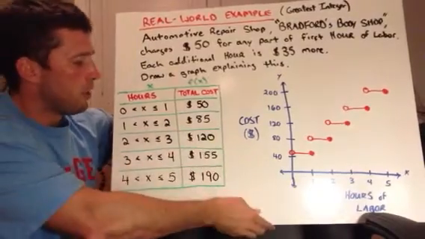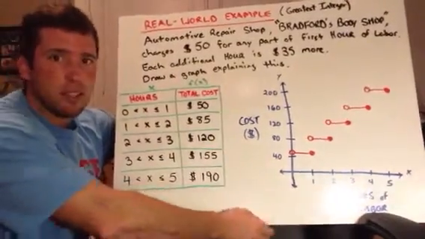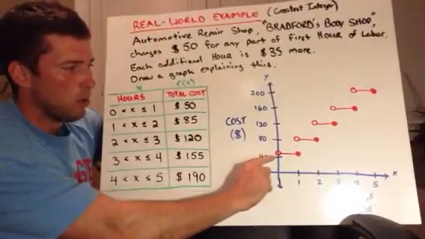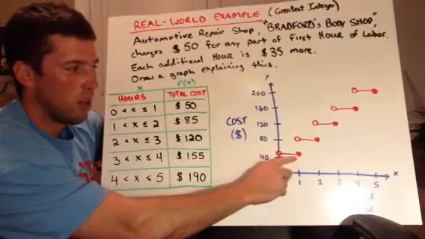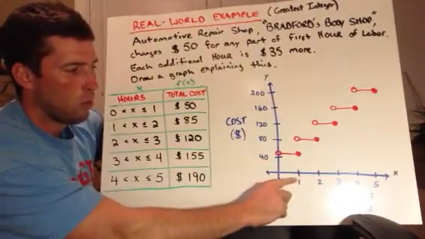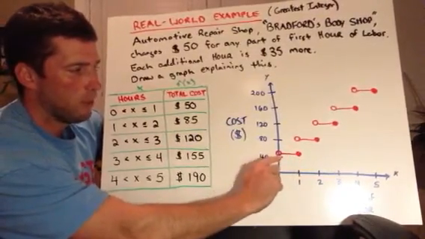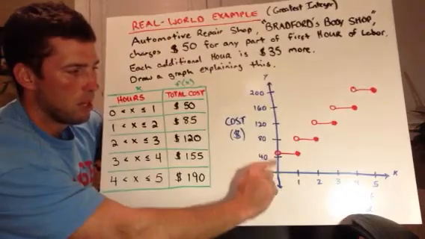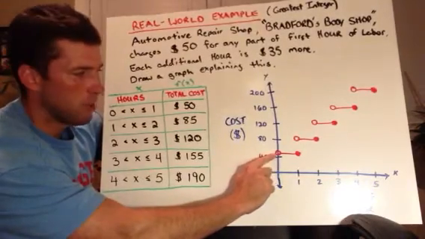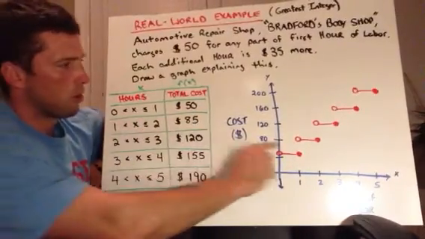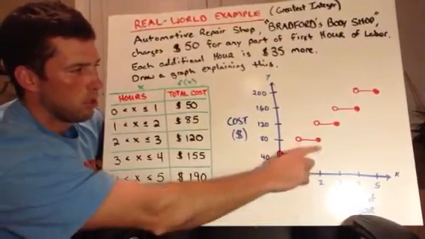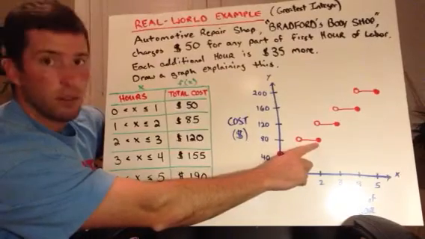Now, over here on my graph, at 0, I'm going to actually increase it to $50. So if I go 1 hour, I'm at 50. Okay? If I'm at 0, I'm at 50, but I haven't charged you yet. So I have to go to a full hour to charge you. At the 2 hour mark, I go up to 85.